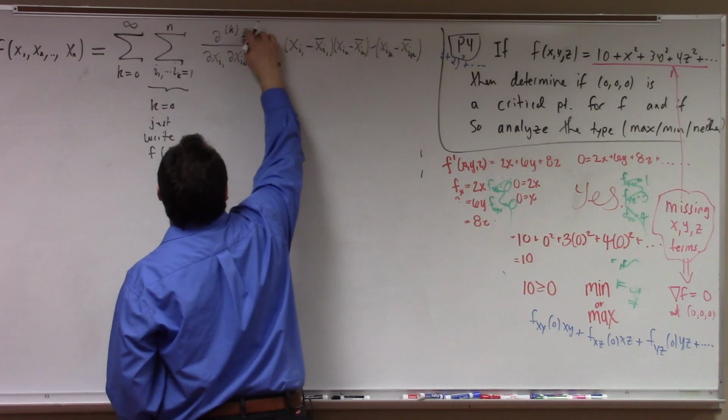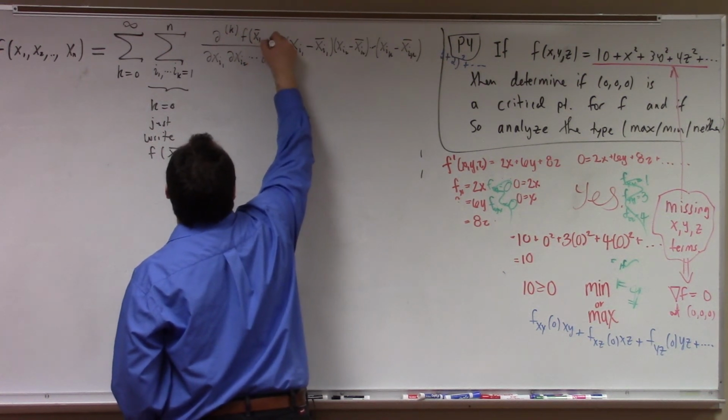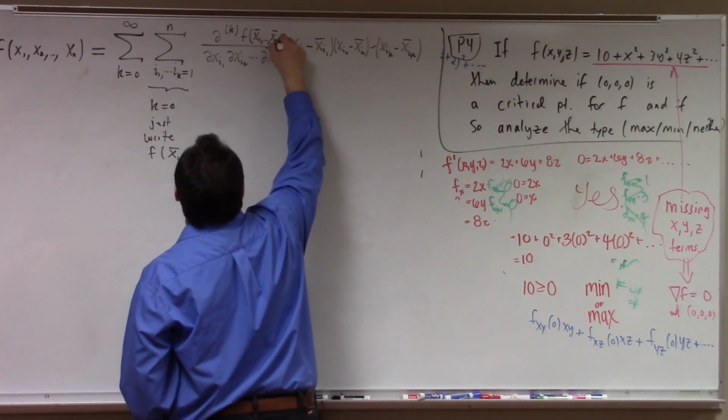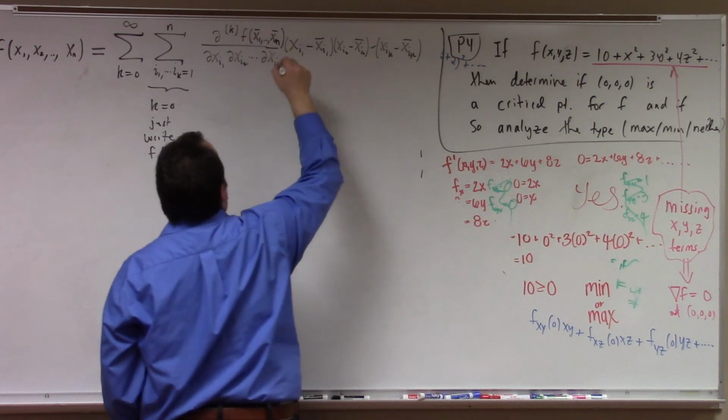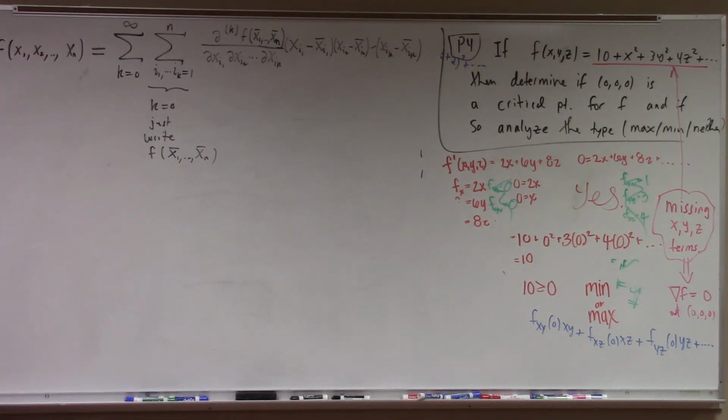And this derivative is evaluated at the point x bar 1, through x bar n. And that's the multivariate Taylor series for a function of n variables.